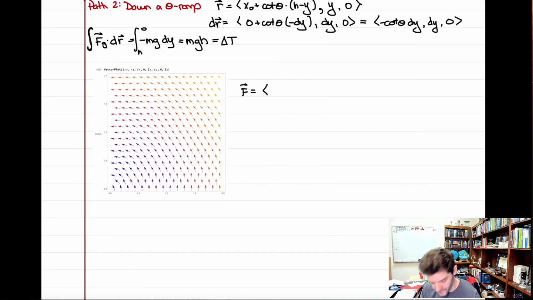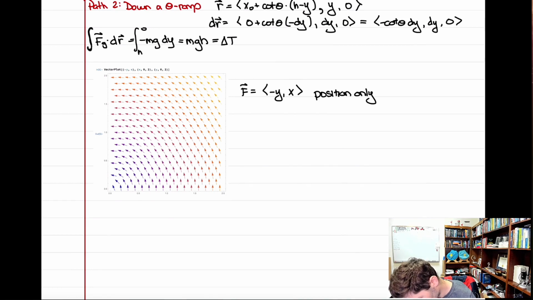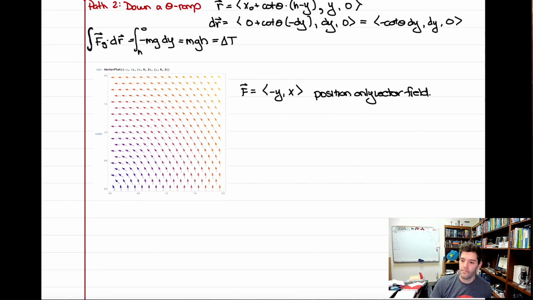So it is negative y comma x is the vector field. It's a position-only vector field, right? It only depends on positions, not velocities. Or you might think of this as a position-dependent force. That kind of looks like a churning circle.